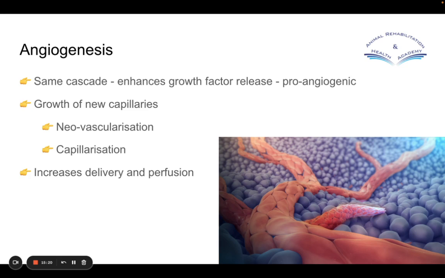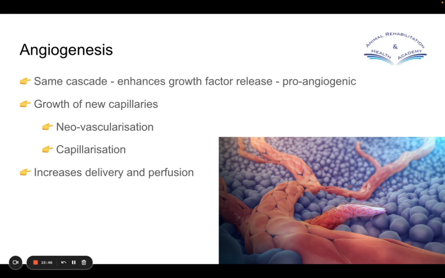So if it is identified that there is not enough blood and not enough oxygen in a particular area, then the body will set about angiogenesis in order to grow new capillaries, and that happens in response to that requirement for oxygen. So you will sometimes see this discussed as neovascularization or capillarization.